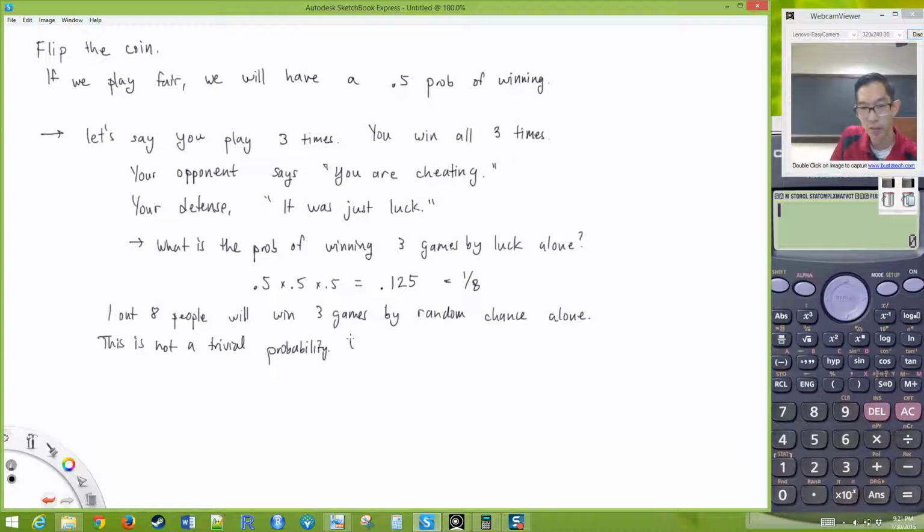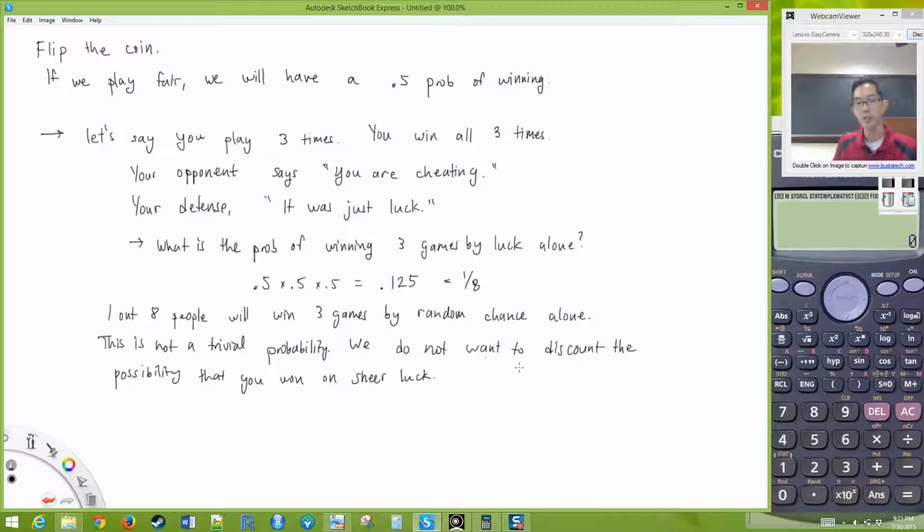So we do not want to discount the possibility that you won on sheer luck.